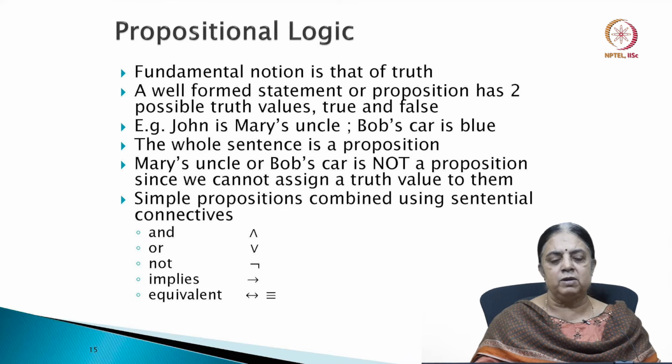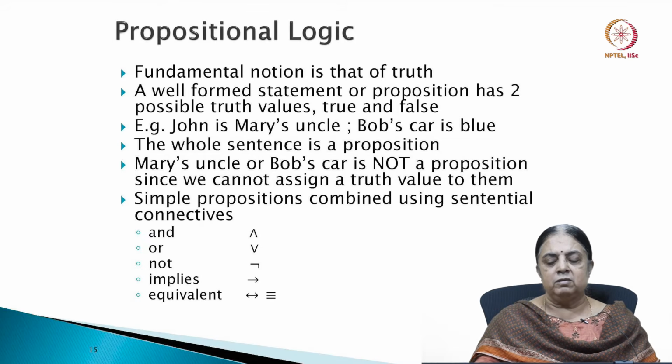When we talk about a proposition, it is either true or false or maybe unknown, but it has a truth value. When you say Bob's car, you can't assign a truth value to that.